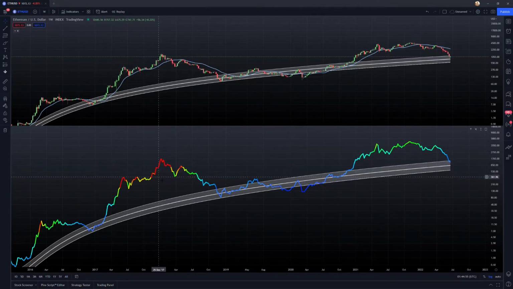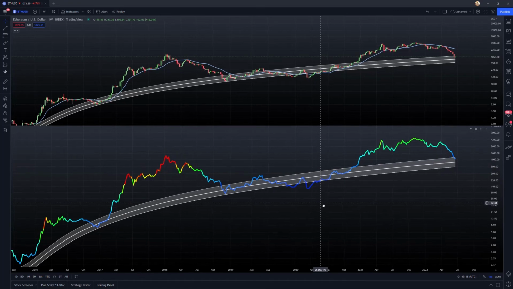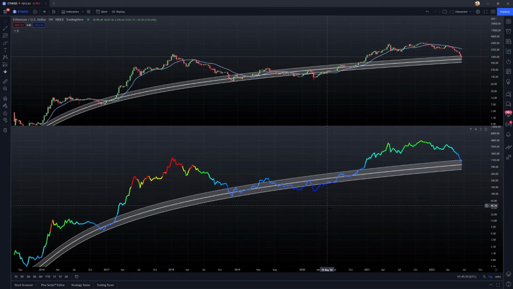The reds, the oranges, and the yellows correspond to when the price action is very far extended above the middle of this regression curve. So you can see how we first entered the red when we were approximately 1000% above it. And on the other hand, when we are within this band or even below it, it will be these darker blue colors, and everything in between illustrates the percent difference.